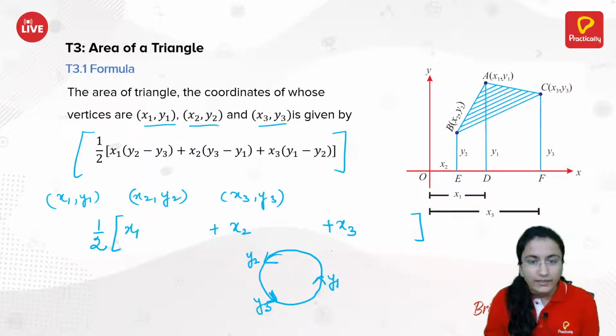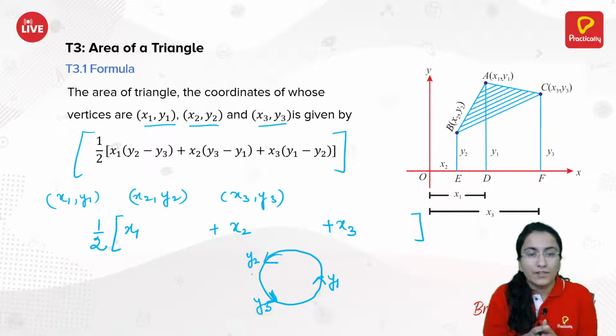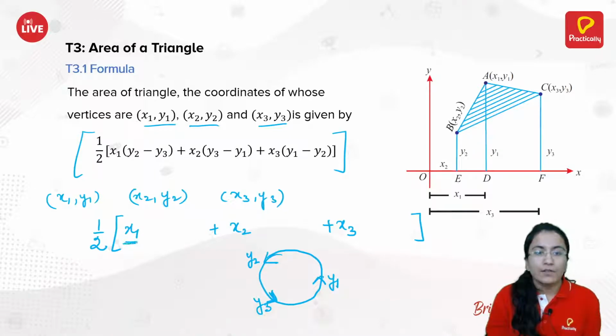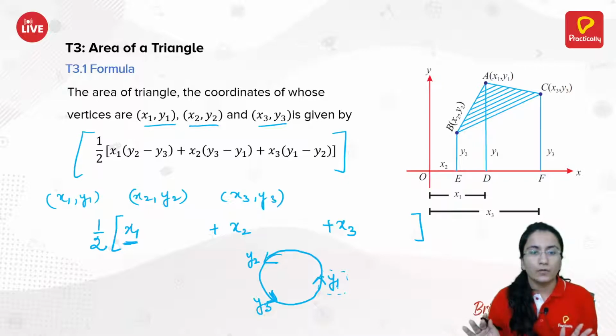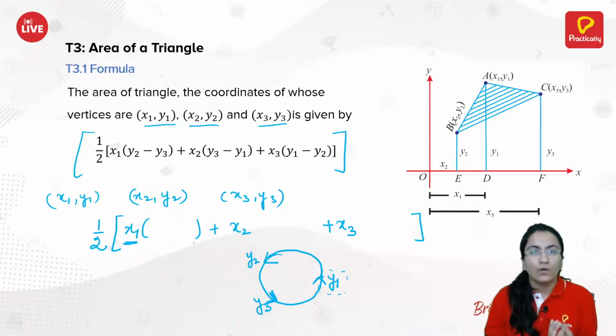I have also written this in the anti-clockwise sense, and I have also marked this in the anti-clockwise sense. How this will be beneficial to write your formula is, you have written x1 plus x2 plus x3, right? Now if you have x1 over here, forget about y1. You need to check for y2 and y3, and you will write this as a difference.